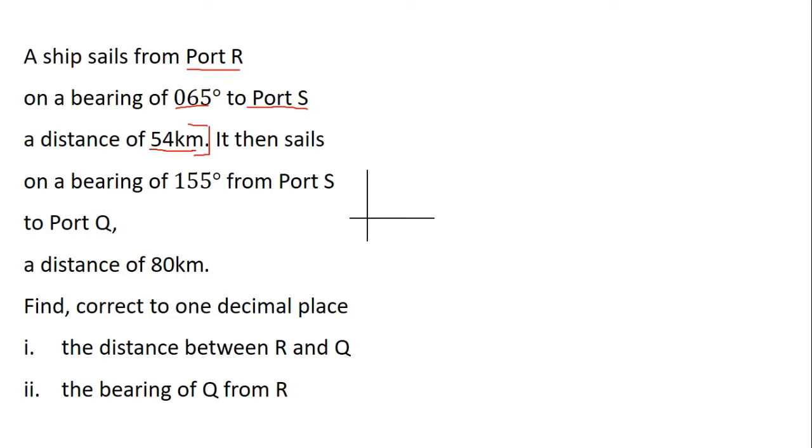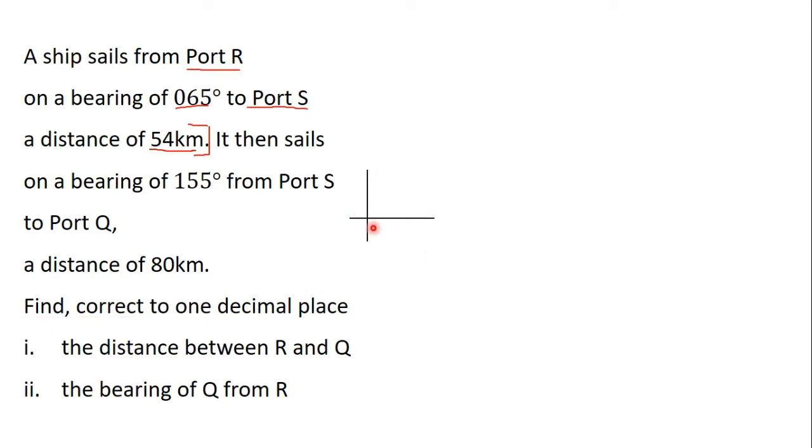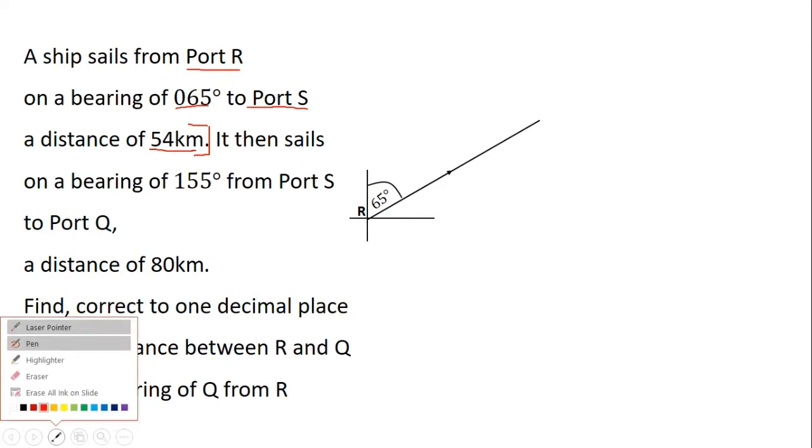Okay, so the ship started from Port R. So you draw our X and Y plane here, then we indicate here as R or Port R. It started sailing on a bearing of 65 degrees. So we measure 65 degrees from 0. So here's the 0 line. Don't forget that.